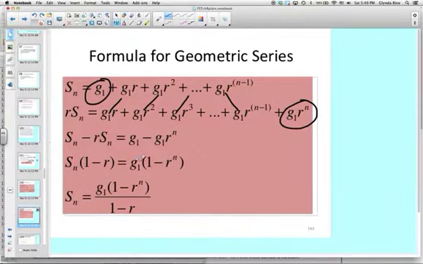Here, you have g sub 1 times 1 minus r to the n. Here, factor out s sub n. You're left with 1 minus r. Now we're going to divide both sides by 1 minus r. And we have the formula. This should be the formula on your card. So first term, common ratio, and that is the formula for a geometric series, a finite geometric series, meaning there is a final n or number of terms.